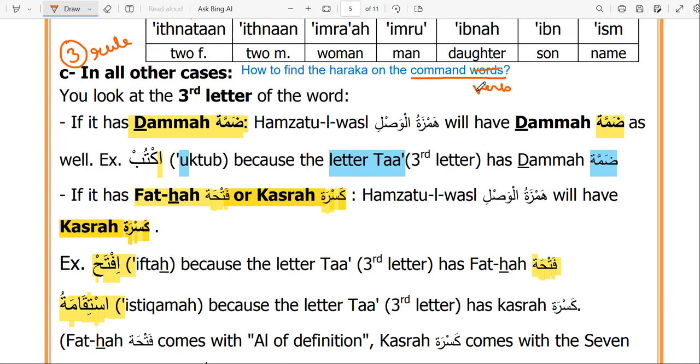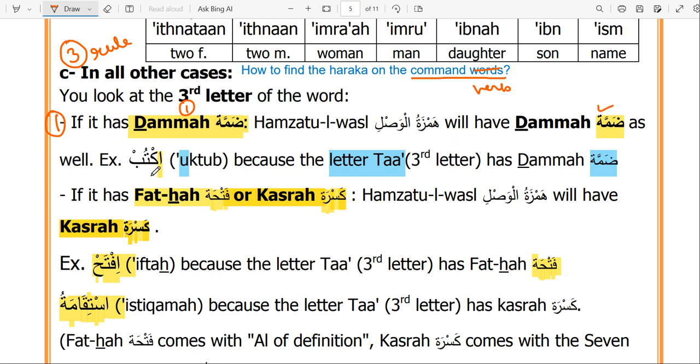So let's see what are the rules when you find any command verbs. The first one is dhamma. When do you read hamzatul wasl with the dhamma? Hamzatul wasl will have a dhamma. As an example, uktub.